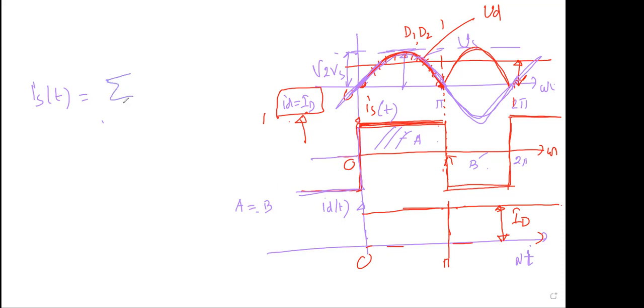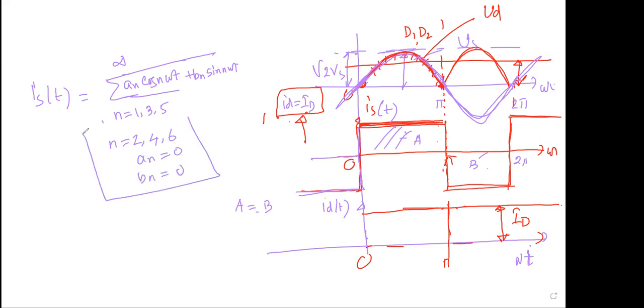Yes, sir. Then n equal to 1, 3, 5, up to infinity, an cosine of n omega t plus bn sine of n omega t. You will get only this part, right? And also, look here, for n equal to 2, 4, 6, an will be 0 and bn will be 0.